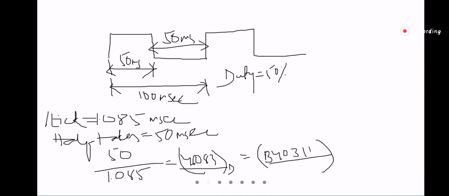B043H, whereby this one will be your TH1 or TH0 if this is timer 0, and this one will be TL1, not TH.